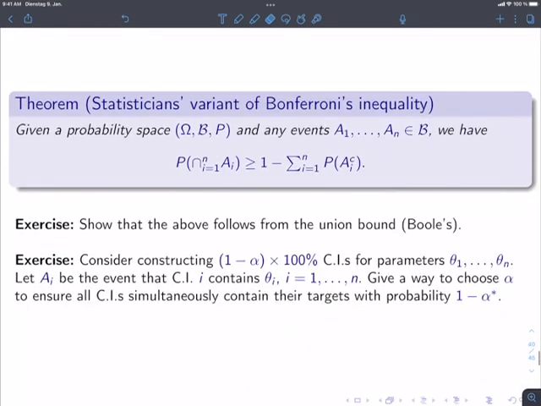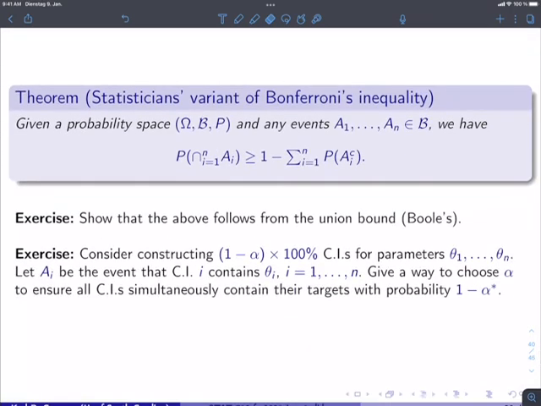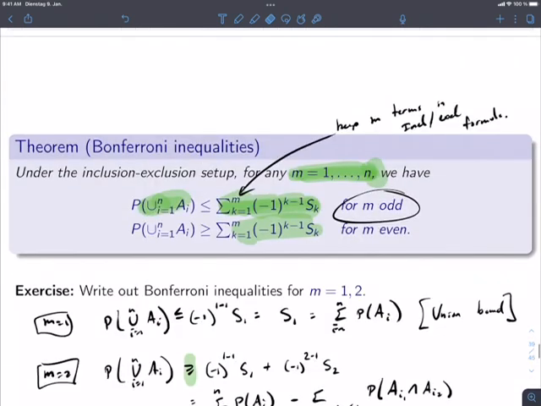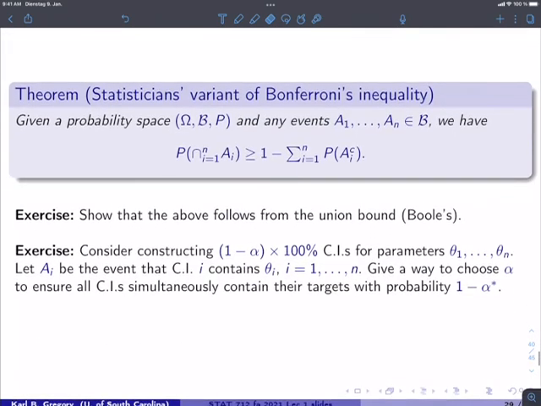Okay, I also want to talk about something. Statisticians, when they say Bonferroni's inequality, often aren't necessarily referring to these Bonferroni inequalities. So here's how statisticians often use one of these inequalities. We reformulate it so that it looks like this.